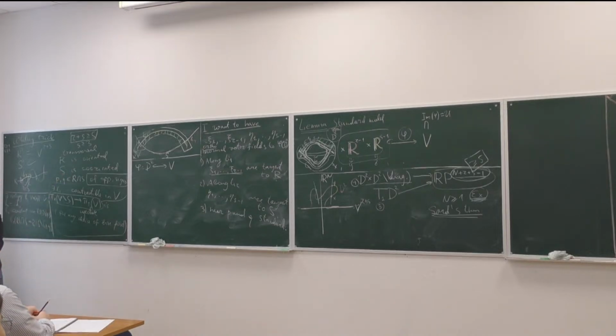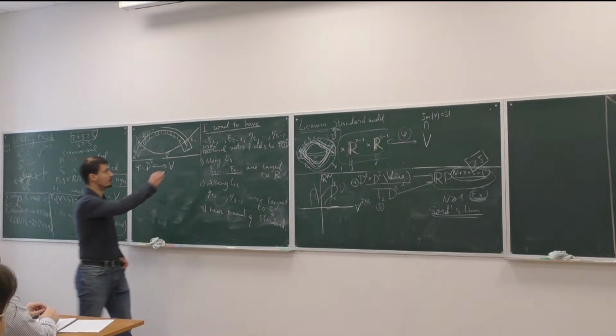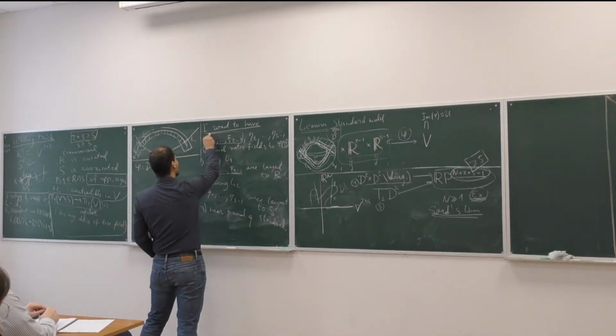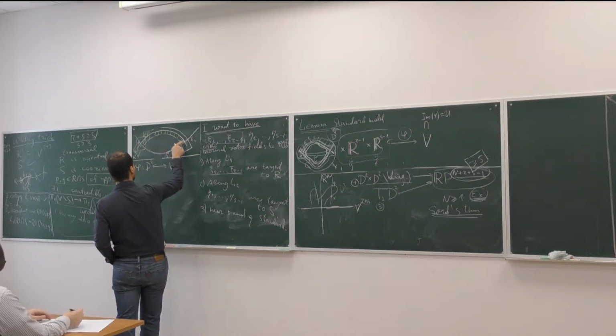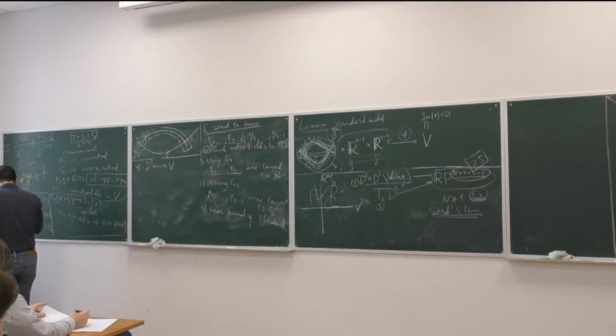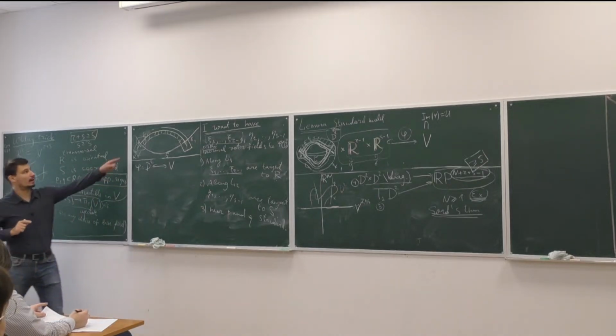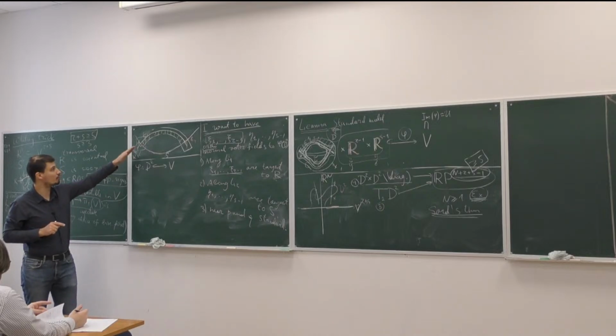So let us start with those vector fields which are tangent to R. We would like them to be tangent to R from P to Q. Well, what I want to say, I choose them arbitrarily, just vector fields tangent to R, and there is no problem.